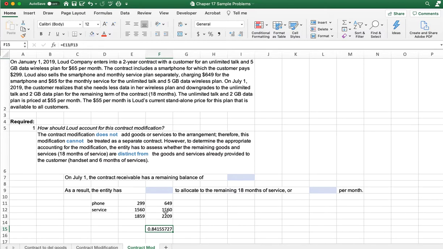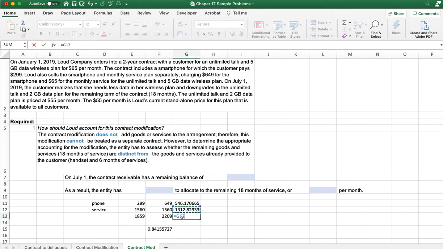And we're going to use that to allocate this standalone pricing. And so $649 times that percentage gives us $546.17. And same thing, the $1,560 times that 84% gives us $1,312.